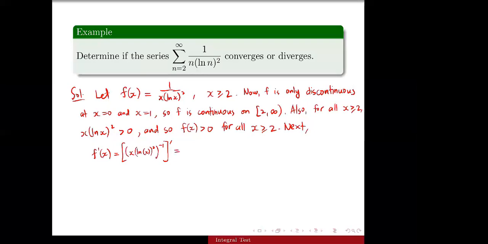So this is equal to negative x times ln of x squared raised to negative 2 times, by chain rule, left times derivative of right, x times 2 ln of x times 1 over x, plus right times derivative of left, ln of x quantity squared.